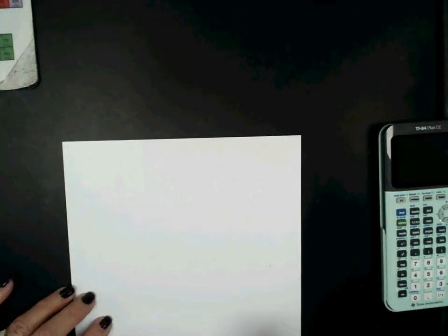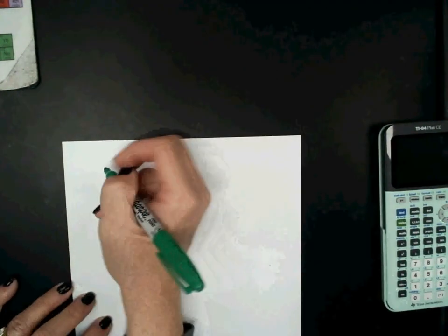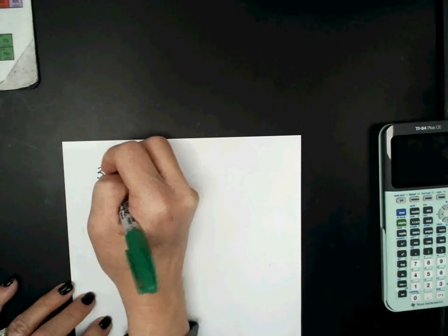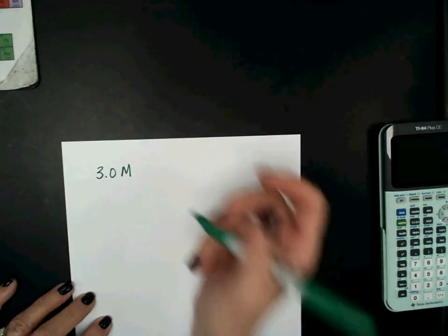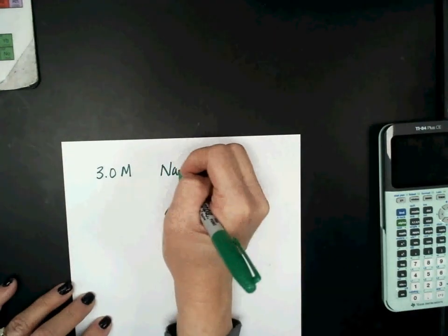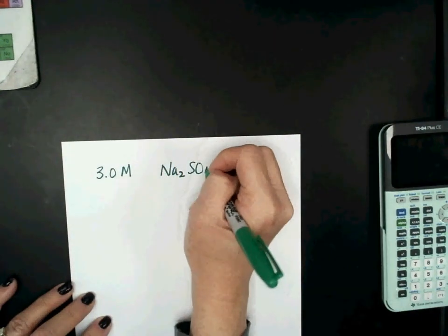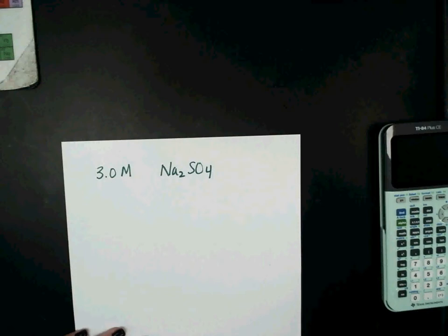Let's say I have a compound like 3 molar sodium sulfate from before, Na2SO4.